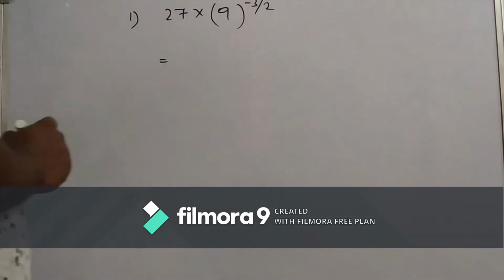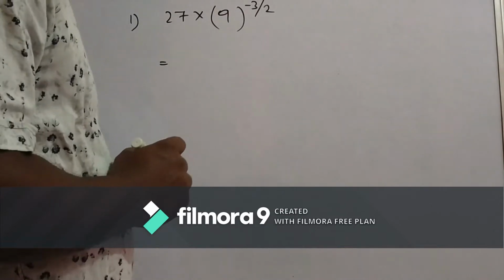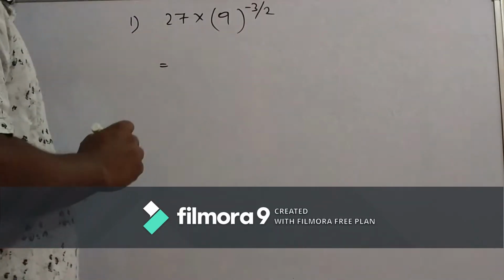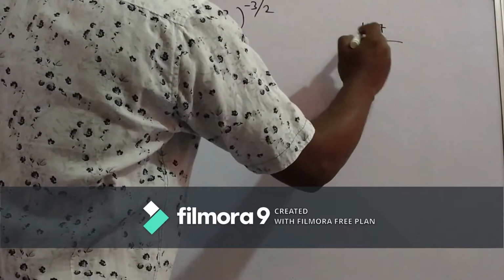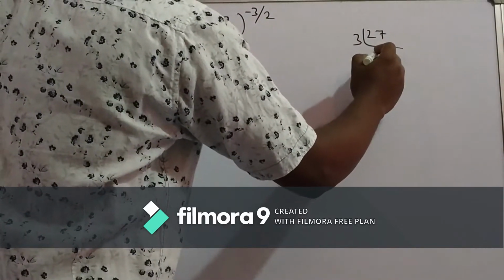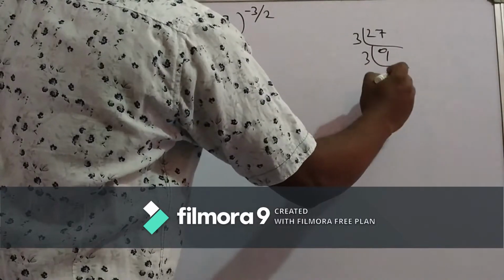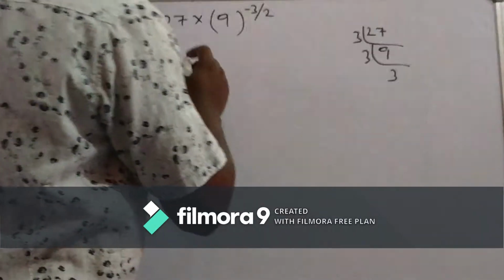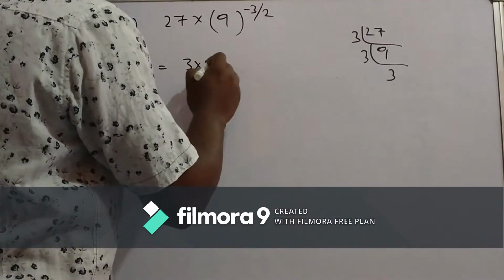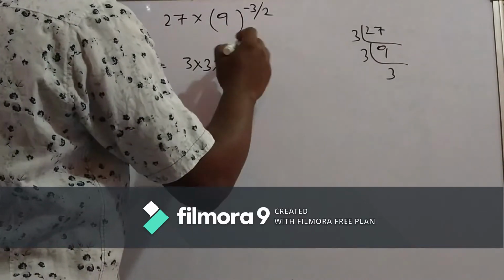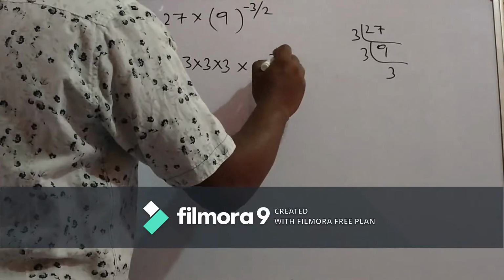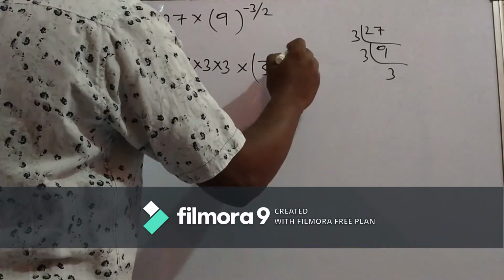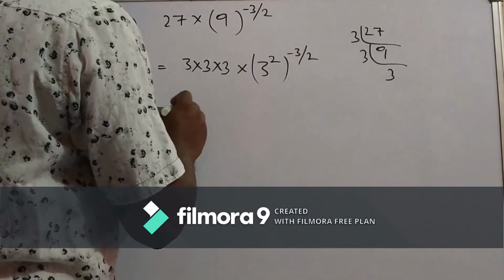So 27 we can write in power form. How can we write it? For 27, you have to find the factors. 3 divides 27, 9, then 3. So there are three 3s: 3 into 3 into 3. 9 also we can write in power form: 3 squared, to the power minus 3 by 2.